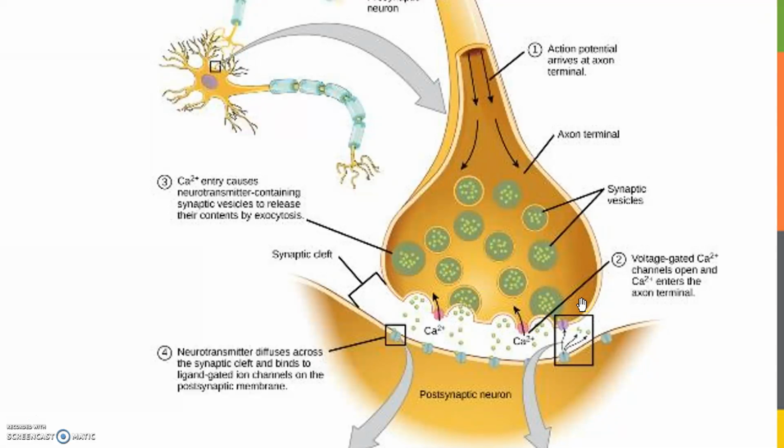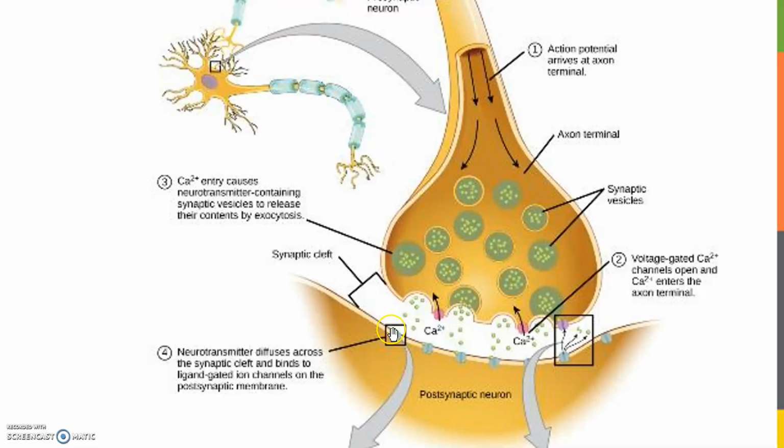membrane of the axon terminal of the presynaptic neuron. And once they fuse, they release their neurotransmitter by exocytosis. Then the neurotransmitter will enter the synaptic cleft, which is the gap in between the pre and postsynaptic neurons, and it will bind to receptors on the membrane of the postsynaptic neuron.